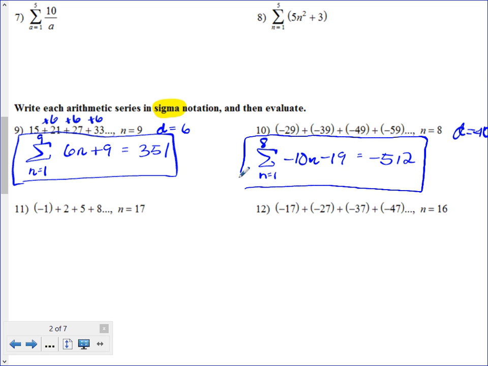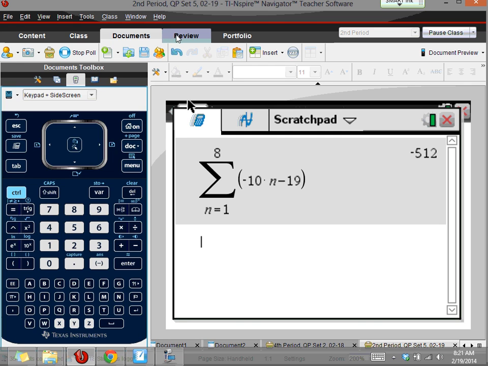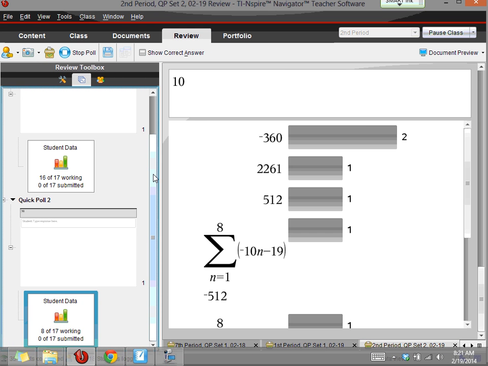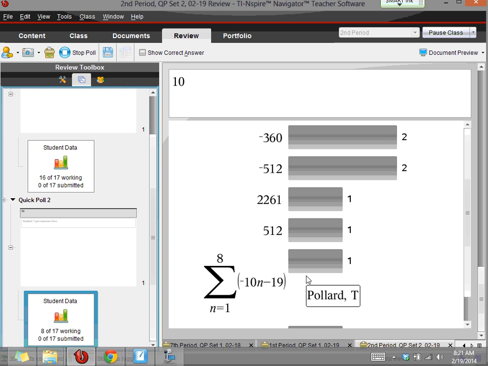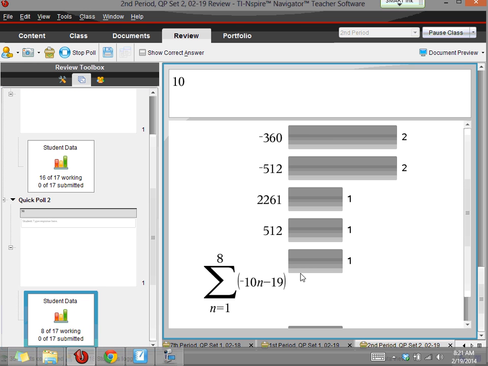Okay, on the quick poll, just type in your final answer. Don't type in the Sigma notation. Just type in your answer.